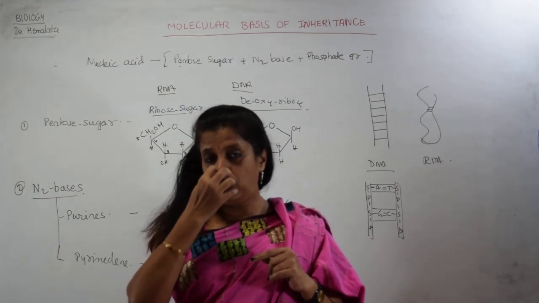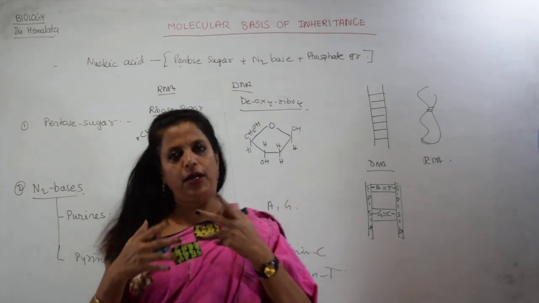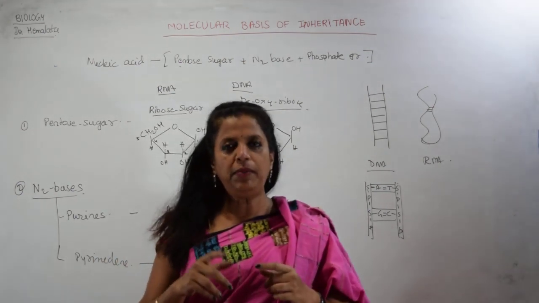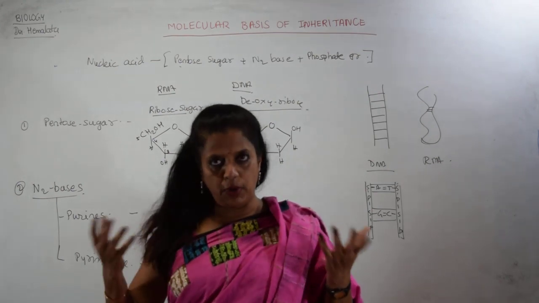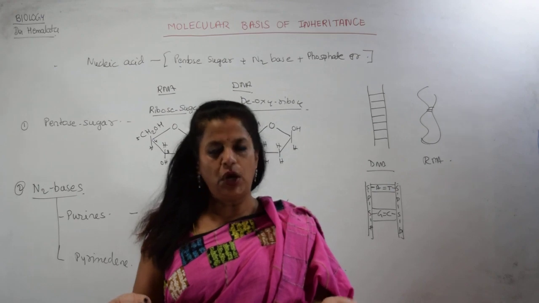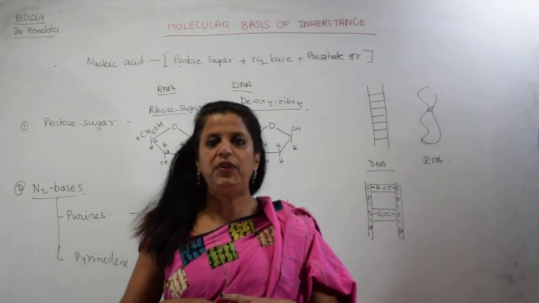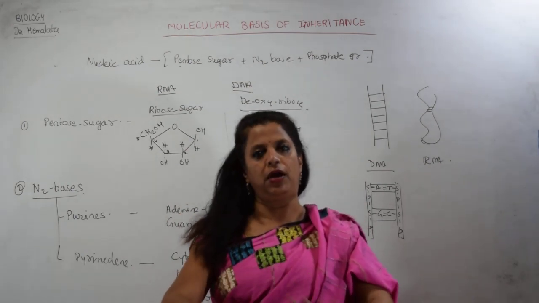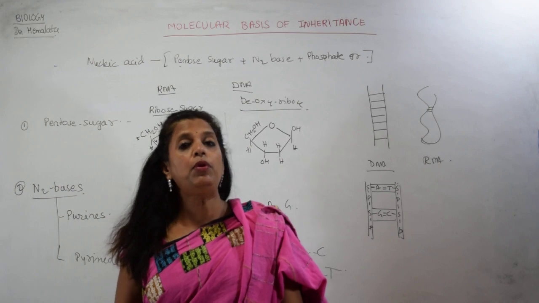Then guanine pairs with cytosine with 3 hydrogen bonds, or cytosine to guanine with 3 hydrogen bonds. Adenine to thymine is 2 hydrogen bonds, guanine to cytosine is 3 hydrogen bonds. A double bond T, G triple bond C, or T double bond A, C triple bond G. That is the fixed ATGC pairing happening in DNA. But what about the RNA?